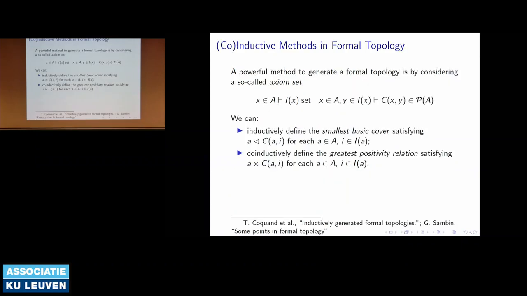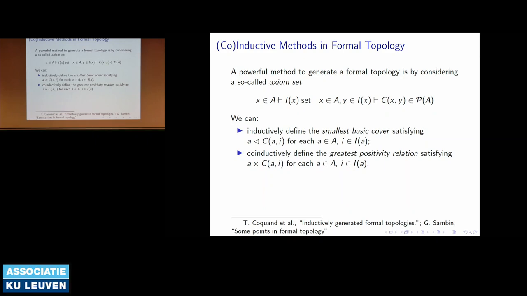Okay, so one really important method of this field of formal topology is the following. We want to generate examples of topological spaces inductively and co-inductively. The idea is very simple. We start with a so-called axiom set, which is a set of axioms.